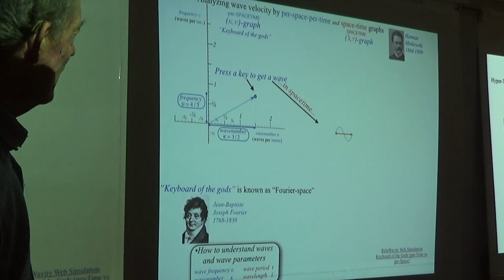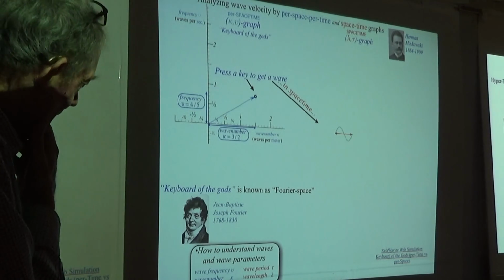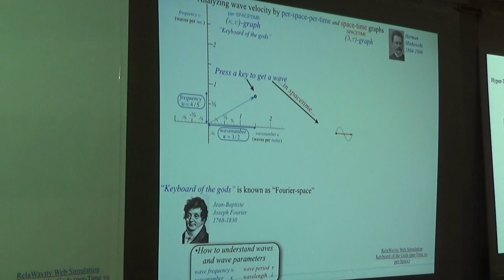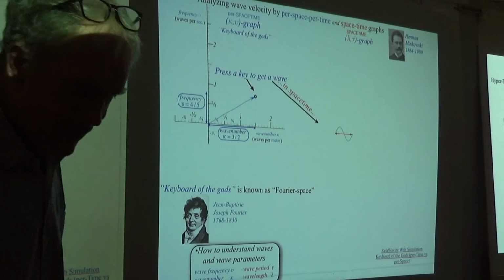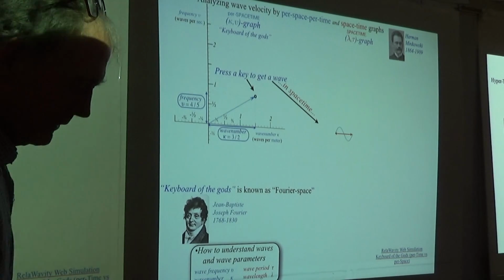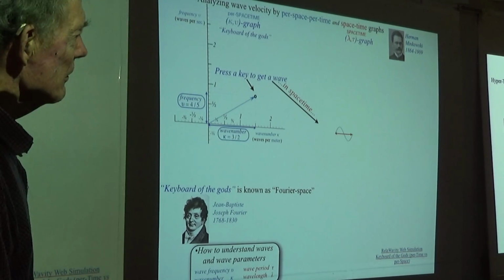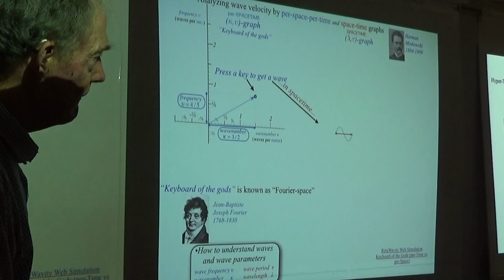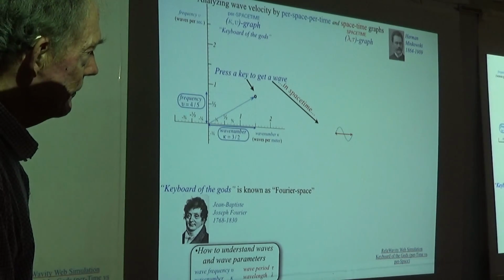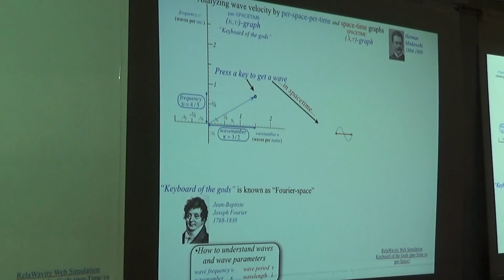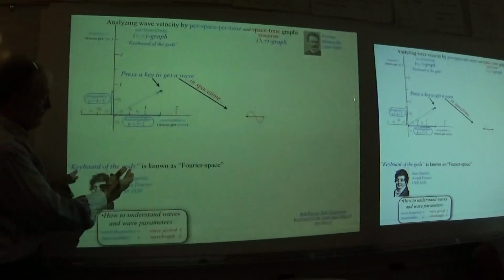He's got lots of names. And he was Napoleon's sort of brain as far as wars go, or at least implementing the wars. Napoleon was brilliant and extremely stupid. Ends up on an island, banished from humanity. But anyway, Mr. Fourier is well known, and what I like to call this is the keyboard of the gods.